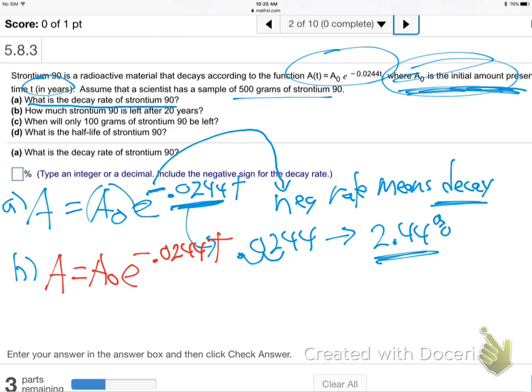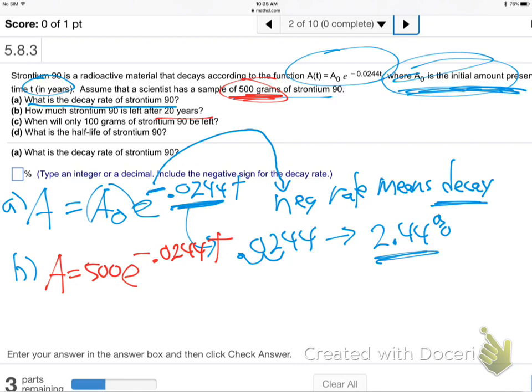Hey, do I know the A0? 500 grams is what they're starting with, right? The scientist has a sample of 500 grams, and he or she plops it down, and we're wondering 20 years later how much of that stuff's going to be left. So the A0 is 500, isn't it? That's the principal investment.